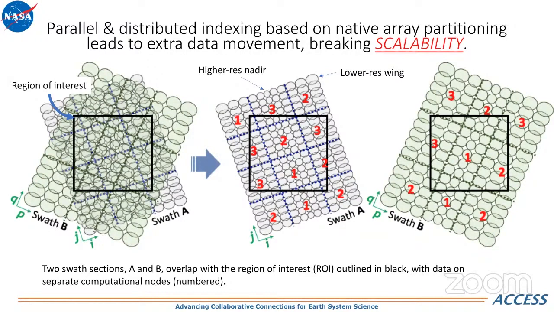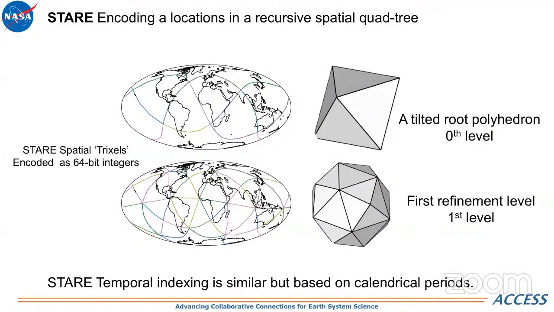Really what you'd like is to have your data laid out in your arrays in a way that satisfies both geospatial to temporal location, and the compute and storage resources themselves as well. So what we do, we take an old idea. This comes from the hierarchical triangular mesh that the astronomers put together for NASA a while ago. We can use a recursive spatial quad tree.